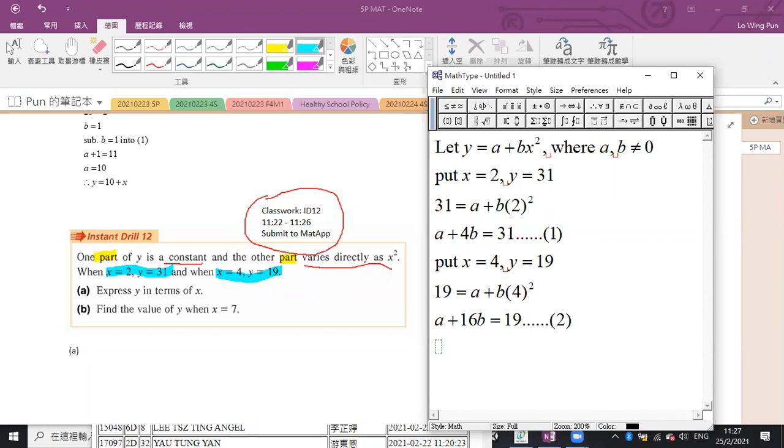Notice that the a terms are having exactly the same number.